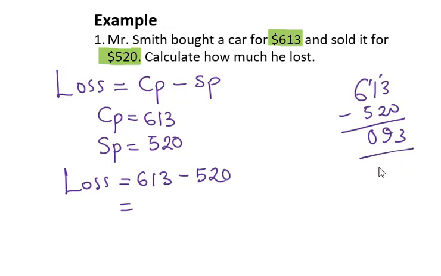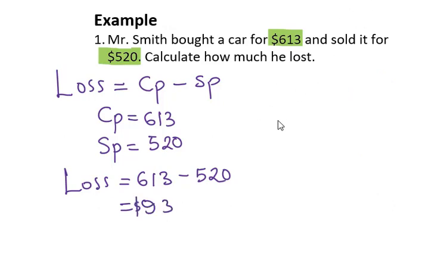At the end of the day, we are left with $93. What you need to figure out is the cost price and the selling price. They are very important. Then get to know what you are asked to find. Here they said clearly loss, and that was why we solved for loss. So let's go for the next question.